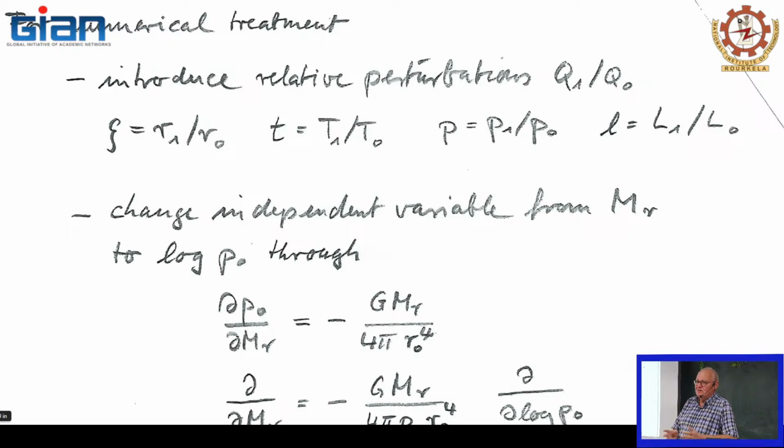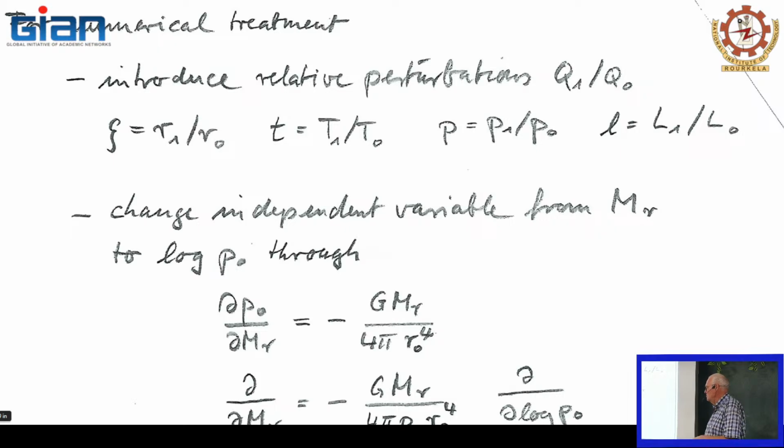So to gain resolution, it's better to go from the mass, which does not have a big range in values in the outer part of the star where the pulsation takes place, to the logarithm of the hydrostatic pressure P0.